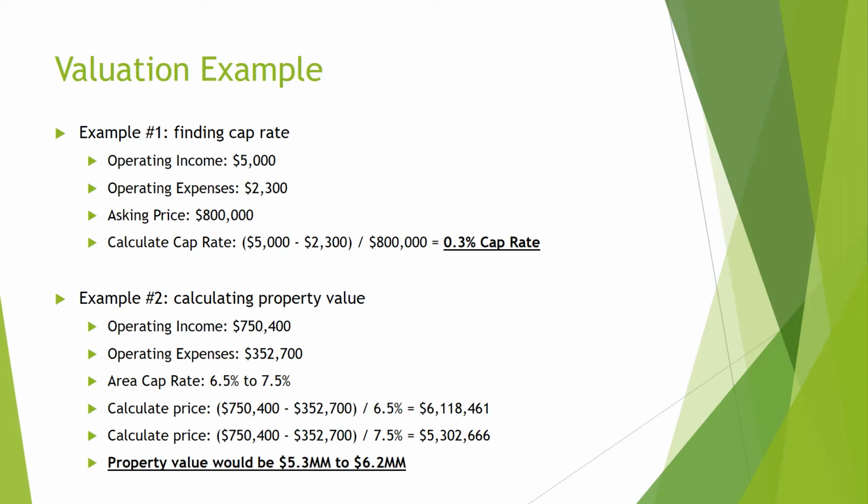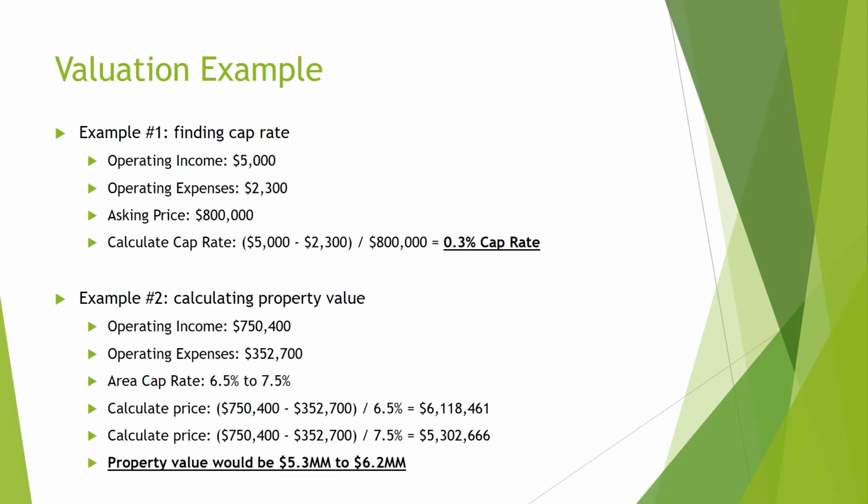If I'm a seller, I want the lowest cap rate possible. But if I'm a buyer, I want the highest cap rate possible. So at a 6.5% cap rate, if we do the NOI divided by the cap rate, this property is $6,118,461. And if we do the cap rate at 7.5%, it's about $5.3 million.